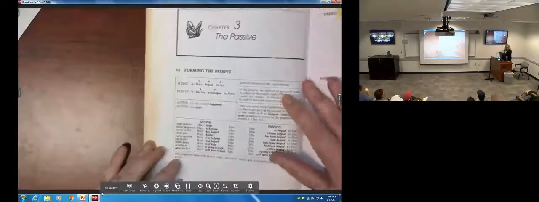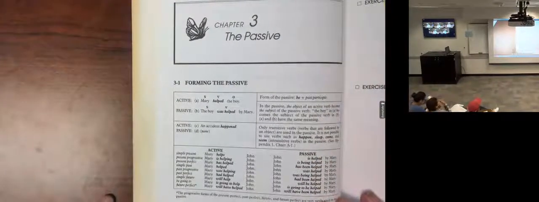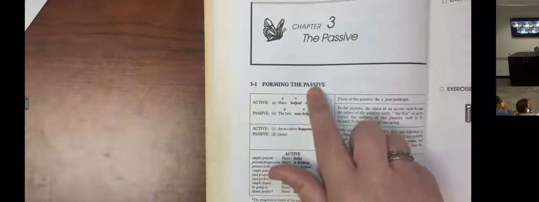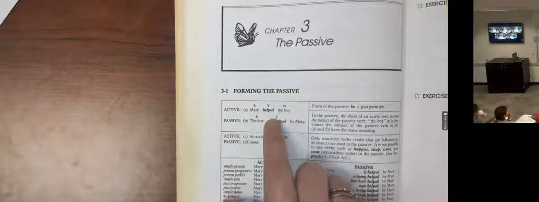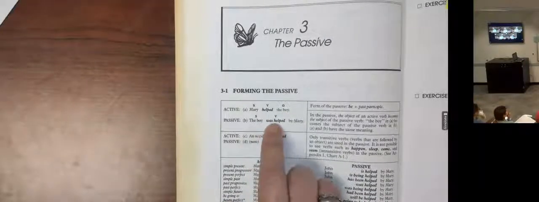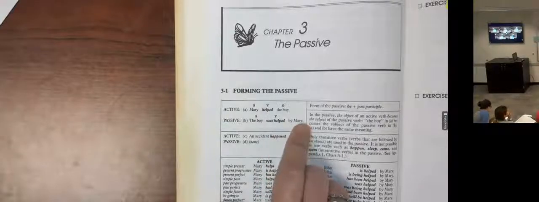Can you see this? So this would be your chapter, the passive. And literally what she's teaching you is how do you form the passive, right? So you have an active tense, Mary helped the boy. And if you did it in a passive tense, the boy was helped by Mary, okay?